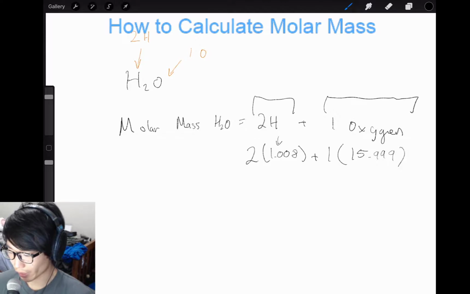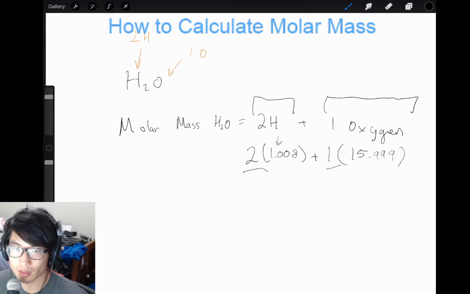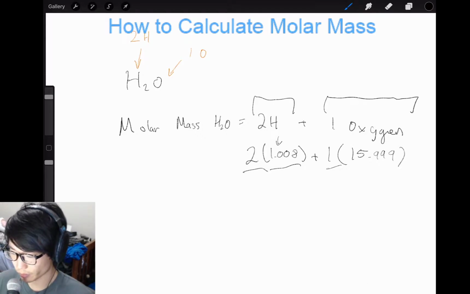I know that I have 2 hydrogens and 1 oxygen. So if I have 2 hydrogens, it's actually 2 times this number. So I have that, and then you're just going to stick this in your calculator.